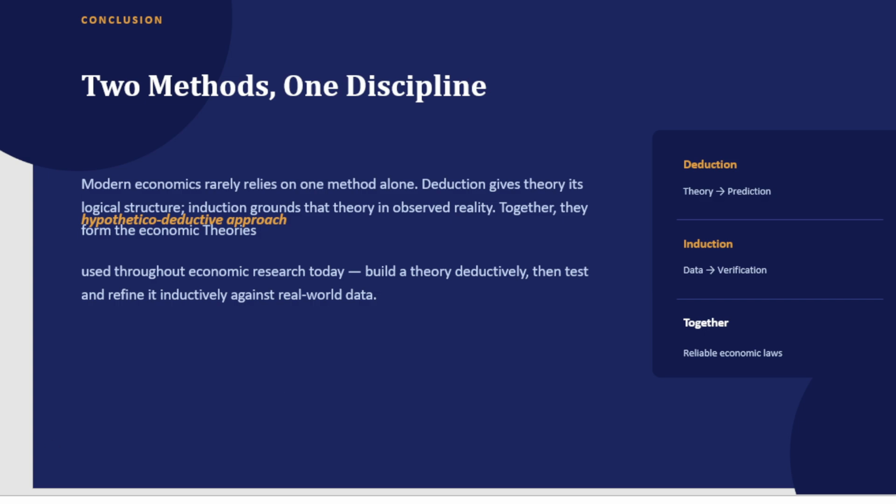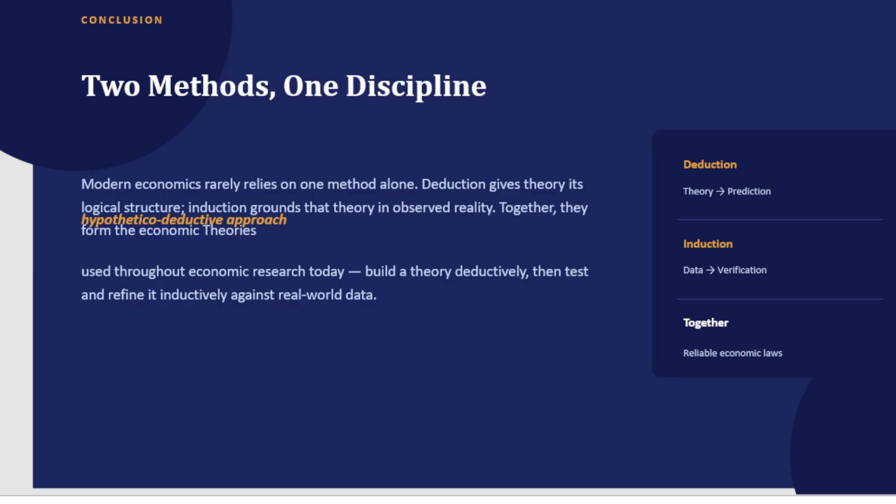So we can say that only one method is not enough for economic analysis. Both the methods are equally important. These are the two methods of economic analysis: inductive method and deductive method.